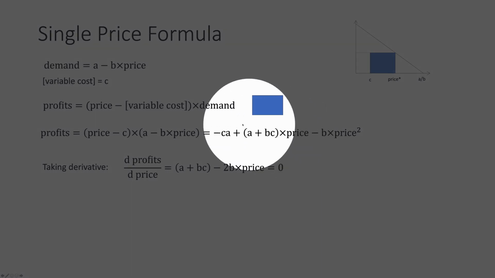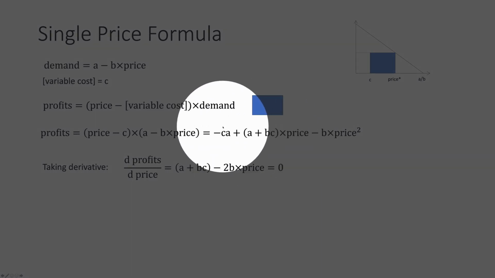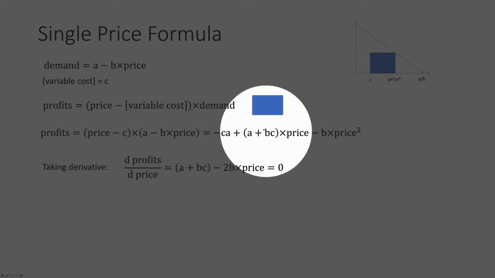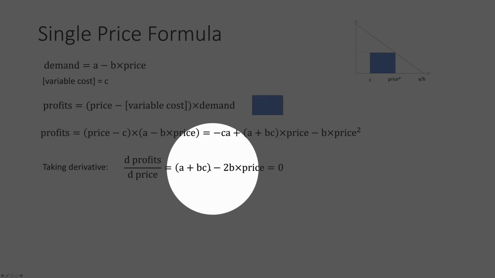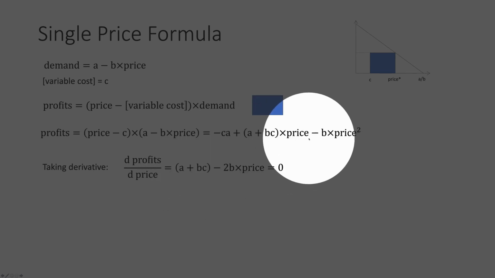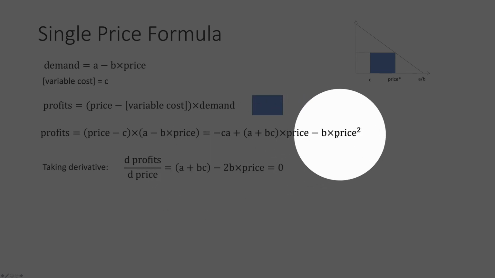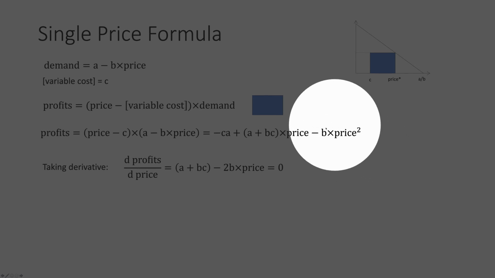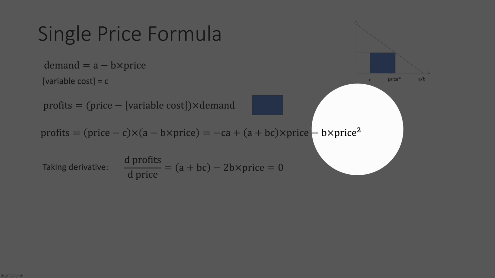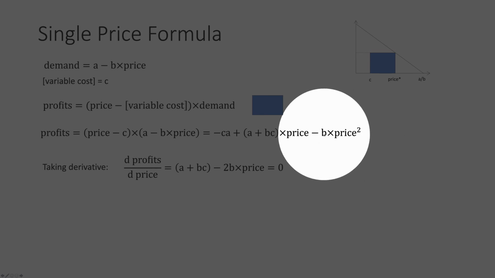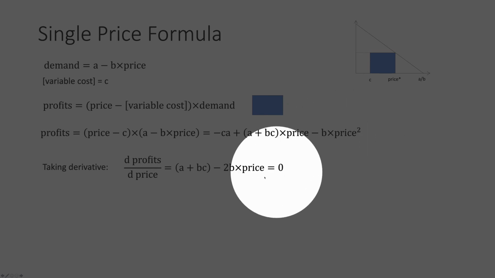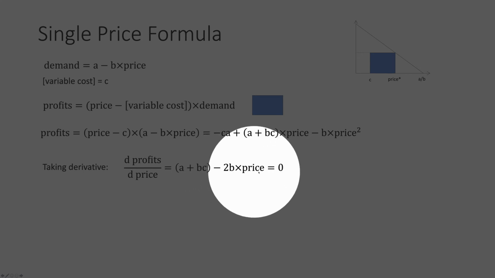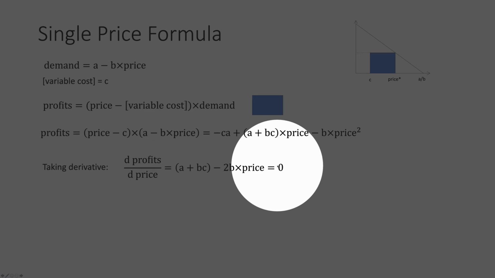So for that derivative, the constant would become 0, and the linear term would simply take the coefficient, A plus BC, and then minus B times price squared, the quadratic term, would take this 2 to the front, and this 2 would minus 1. So then this term becomes minus 2B times price itself, and set that to 0.